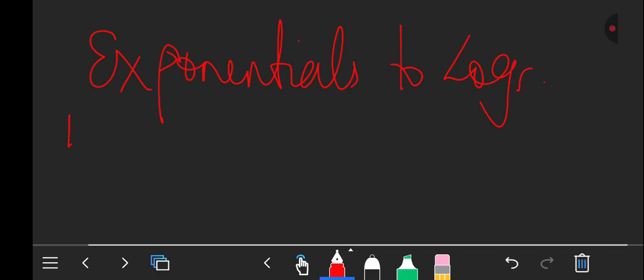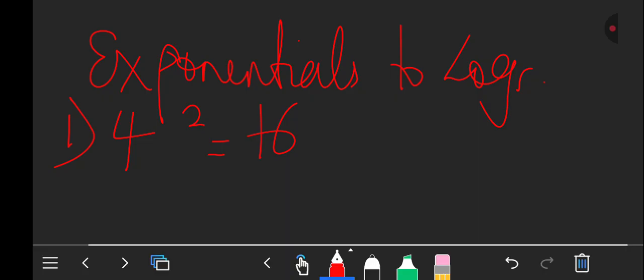The first example, let's say you have 4 to the power 2 is equal to, let's say, 16. Then you've been asked to convert this exponential into a logarithmic function. How can you do this?